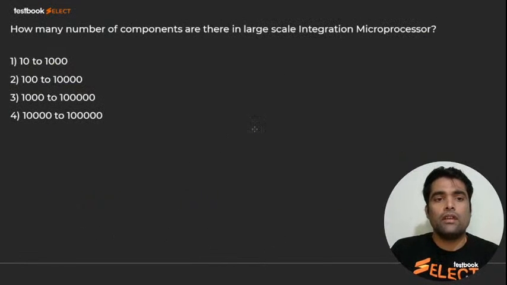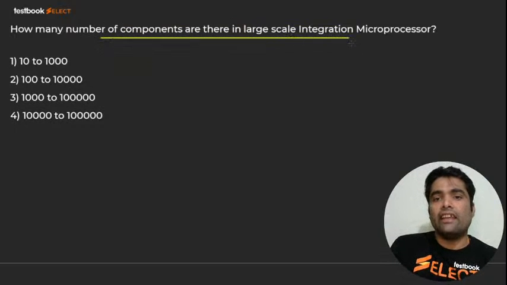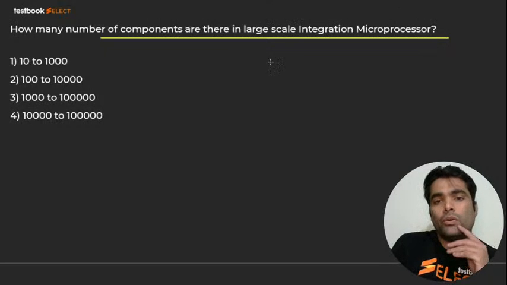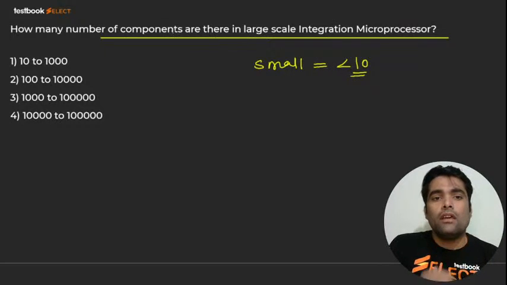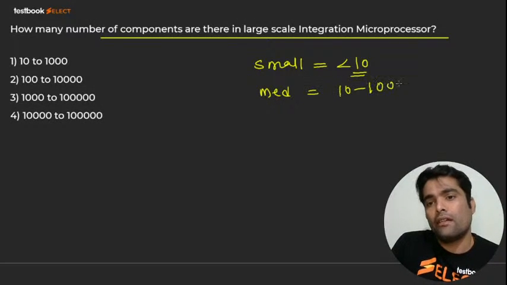Here I go for next. How many components are there in large scale integration microprocessors? Small integration has less than 10 components. Medium has 10 to 100.